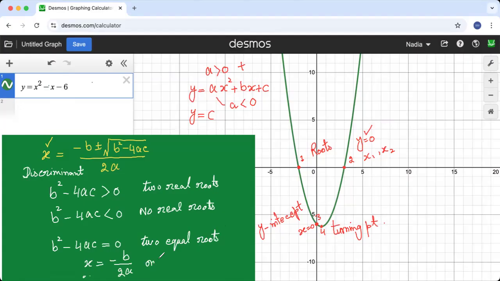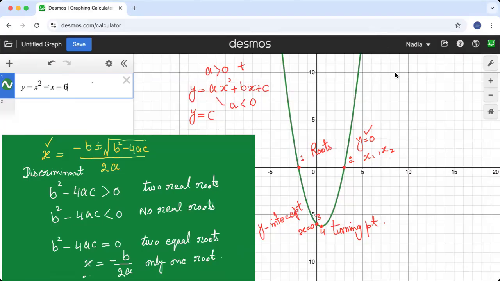In simple words, you can say only one root of the parabola. And what is that root? x is equal to negative b over 2a.